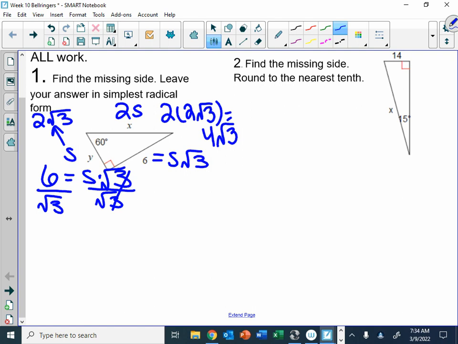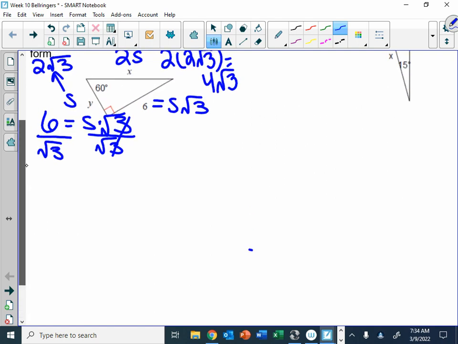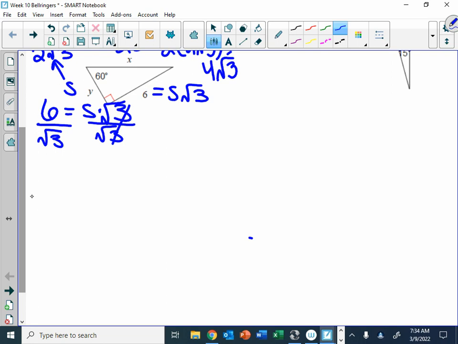Alright, and then if you want to do it the trig way, which we didn't talk about yesterday, but talk about it now. As long as you know an angle and one of the sides, you can do trig. So say I want to figure out y first. How does 6 relate to 60?